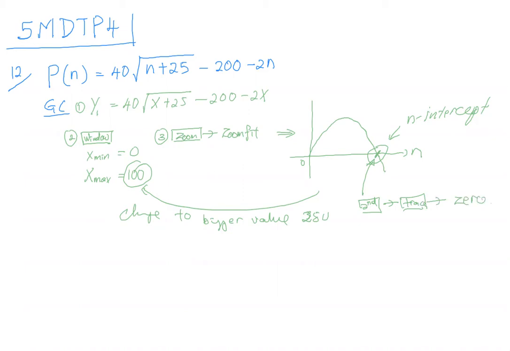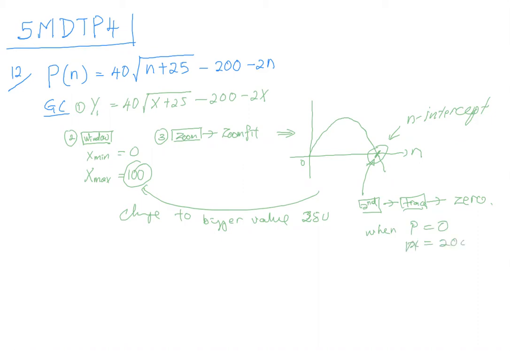Left bound, right bound. Then you tell me what that value is. X is 200. Okay, so you get that when P equals 0, X equals N equals 200.